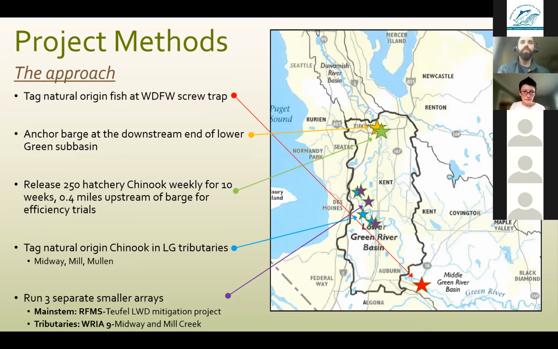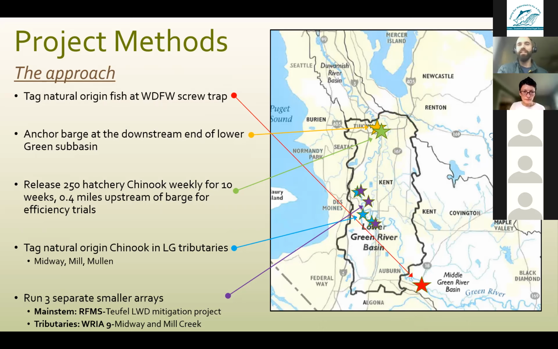The yellow star here is the barge located in Tukwila. To test how well the barge worked, this green star here is where we would release 250 tagged hatchery Chinook every week for 10 weeks. This would allow us to release a known quantity of fish just upstream of the barge, and then see how many the barge was able to detect and give us a percent efficiency.